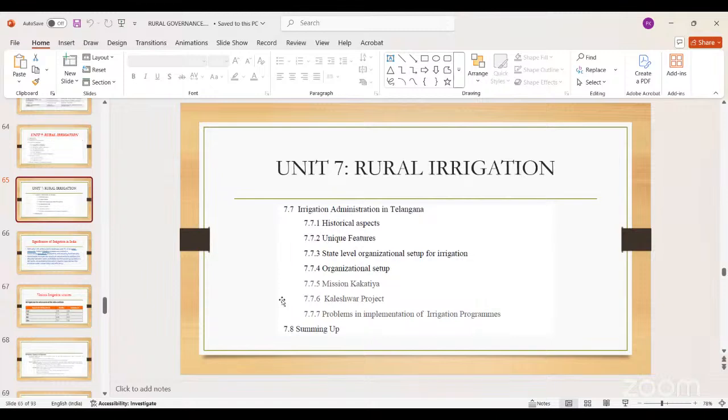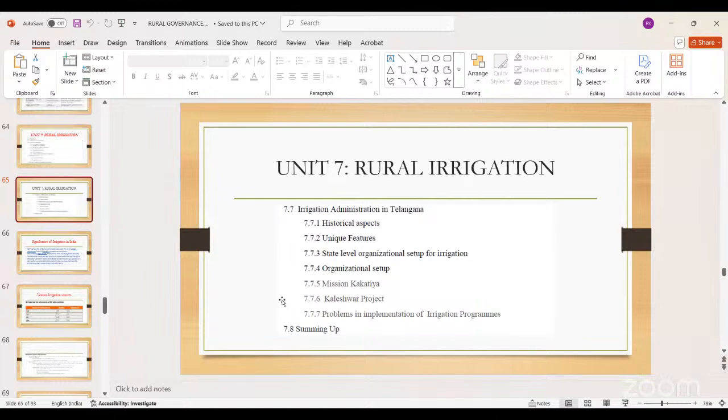Finally, we can conclude by saying that irrigation is understood as watering of land by artificial means to foster plant growth. It is basically a matter relating to rural areas because crops, as I told you, are by and large grown in rural areas only. But irrigation also has other uses like frost protection, suppressing weed growth, and preventing soil consolidation.